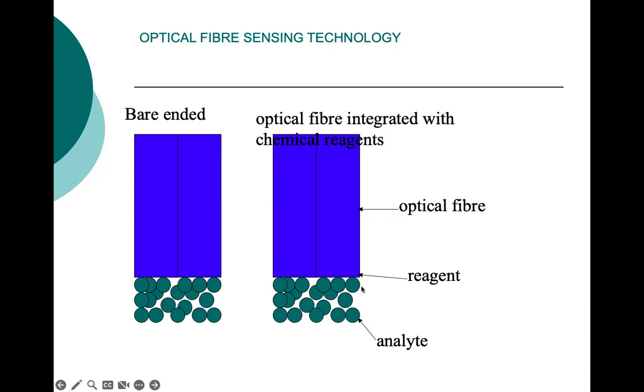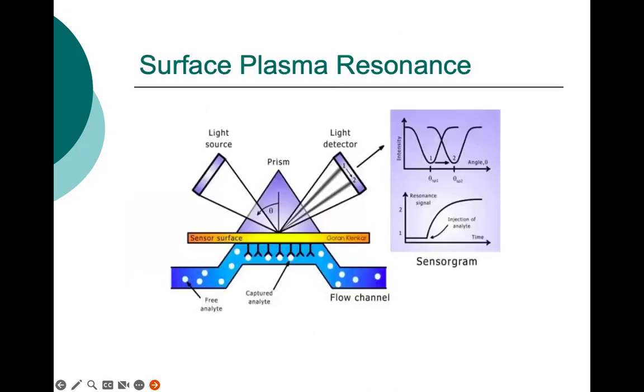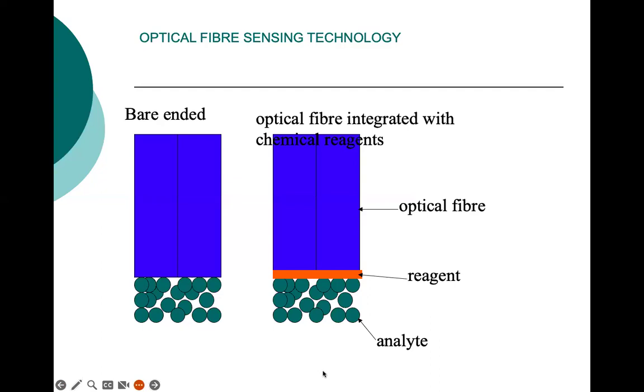And then we react with the analyte, and there is light that bombarded here, and there is excitation of electrons, and you will observe a change of absorbance and emissions in certain wavelengths.